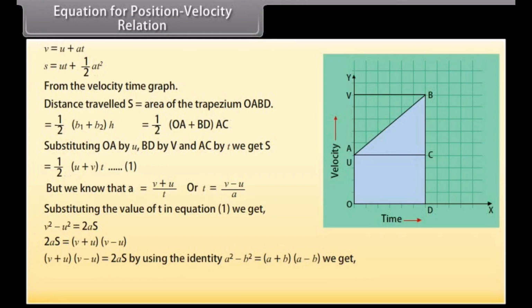By using the identity a² − b² = (a + b)(a − b), we get v² − u² = 2as. This is the third equation of motion.